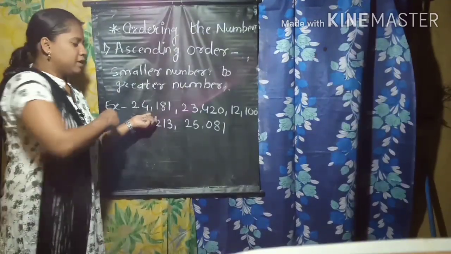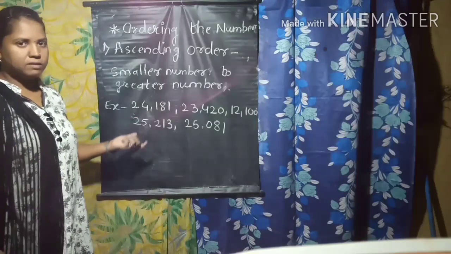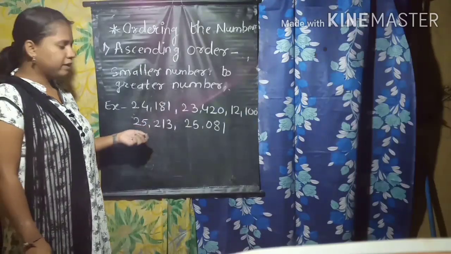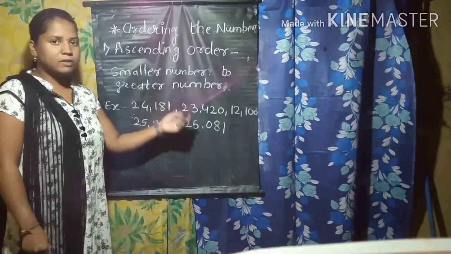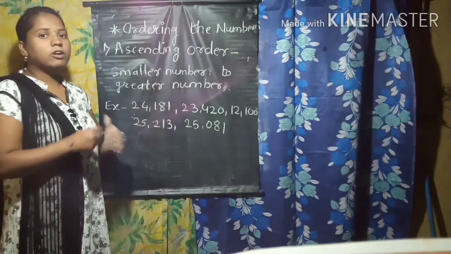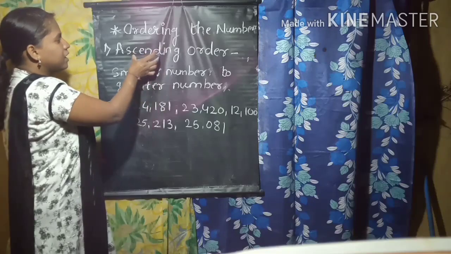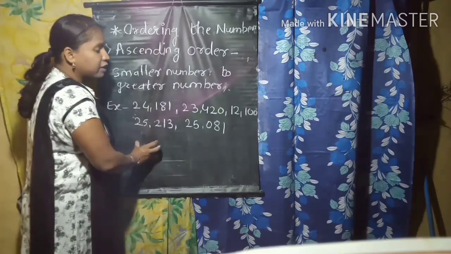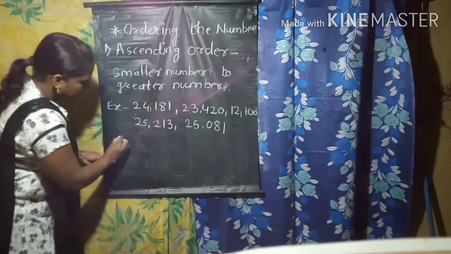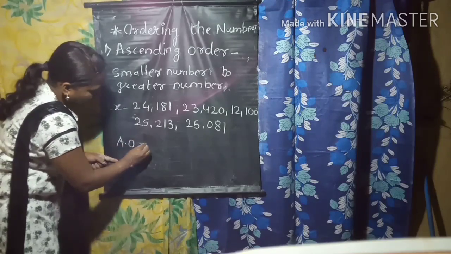So here I have taken some examples. From these we have to identify which one is the smaller number and which one is the greater number. According to their place values, we order the numbers from smaller to greater.